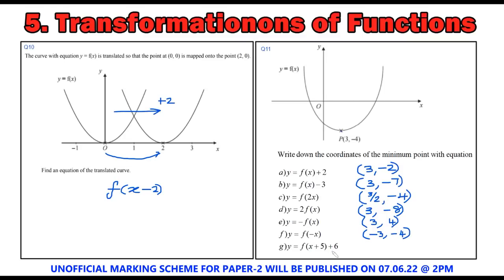Now in this question, there are two transformations happening. x plus 5: whatever is inside the bracket, you need to do the opposite, so minus 5. So the x coordinate takes away 5, so 3 minus 5, which is minus 2, right? And the y coordinate increases by 6, so minus 4 plus 6 is 2. So that is the transformation of the functions.